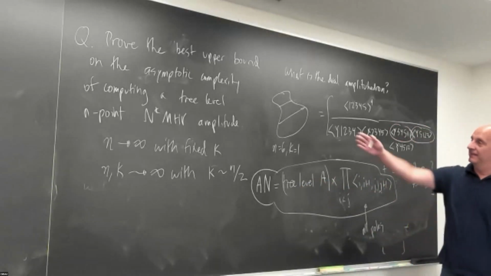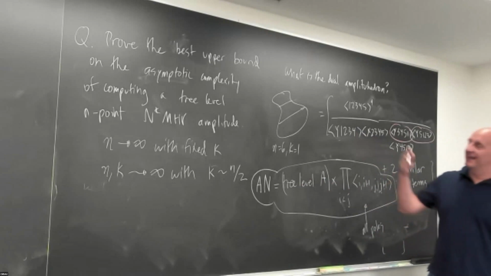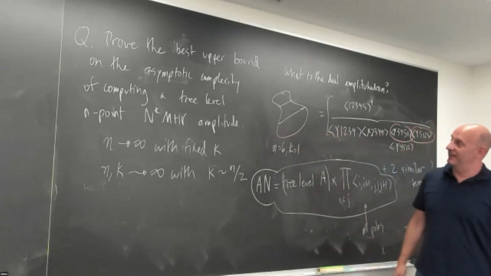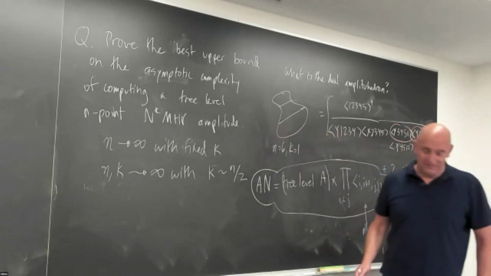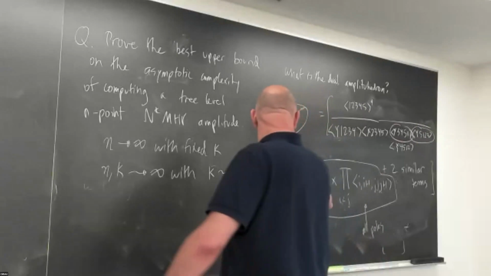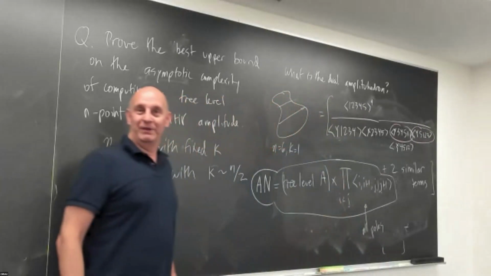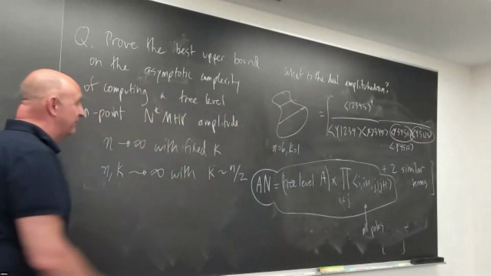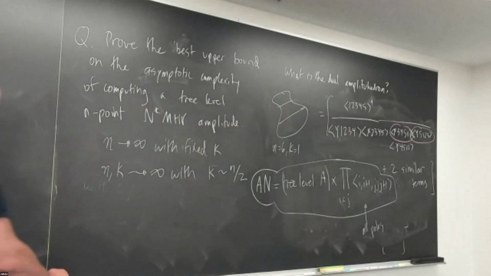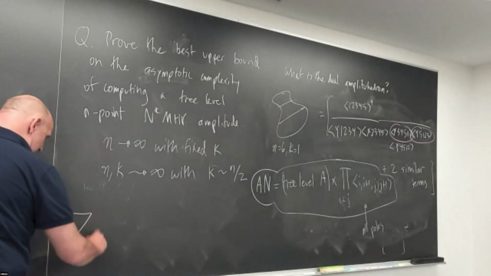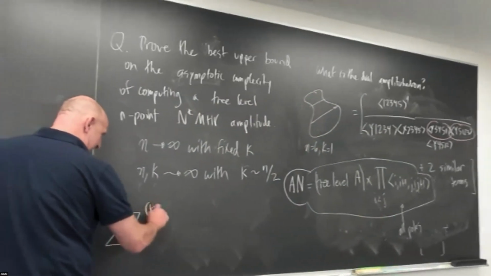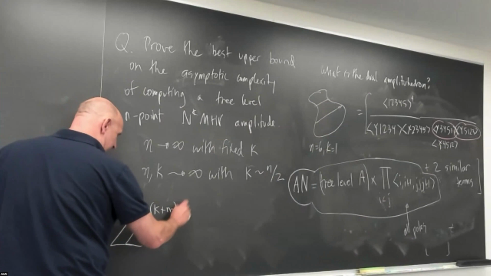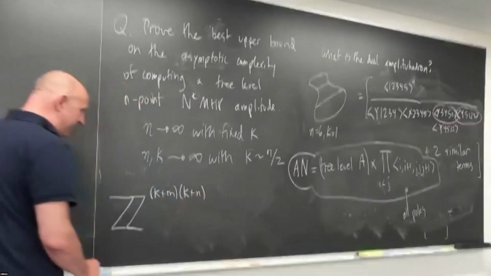Okay, and I like thinking of it as a computational complexity problem because, since this thing is a giant polynomial in Plückers, the problem of computing a tree level amplitude is, there's a certain map from, if I get this right, we're talking about a map.